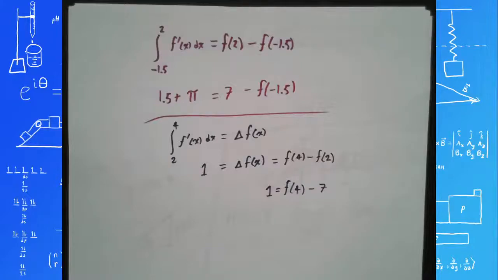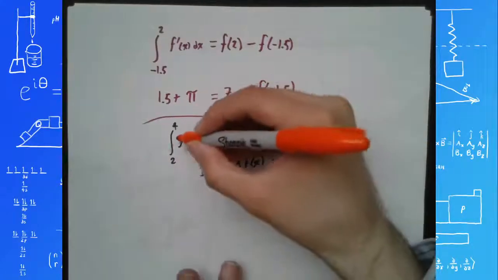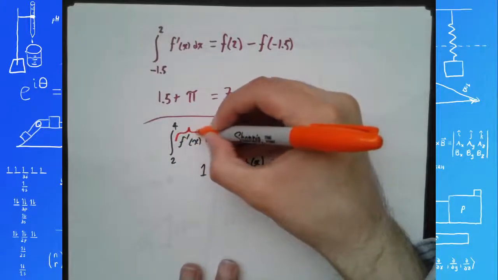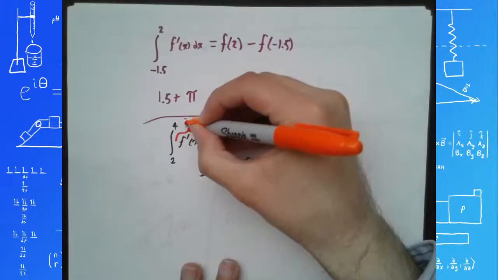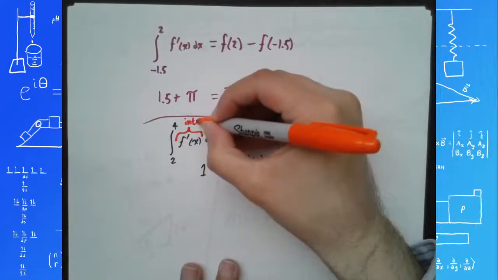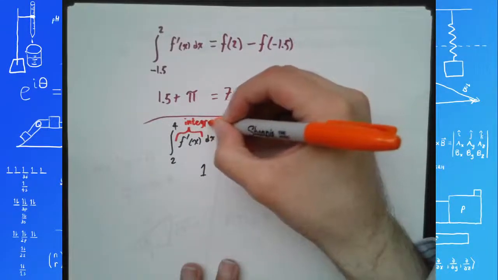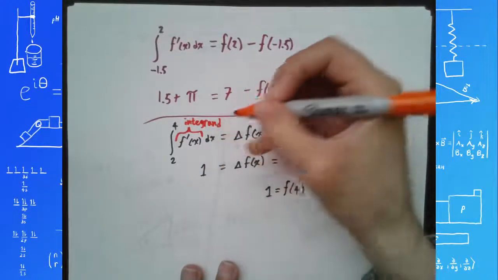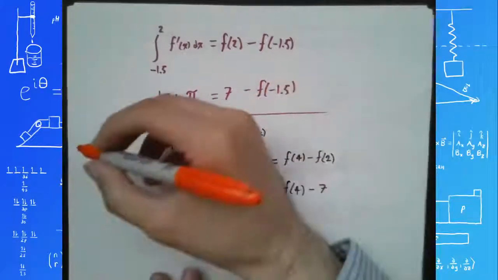And in case this is your first time hearing me use the word integrand, that's the word for the thing inside the integral symbol. This is called an integrand.